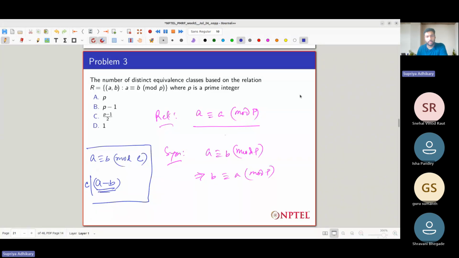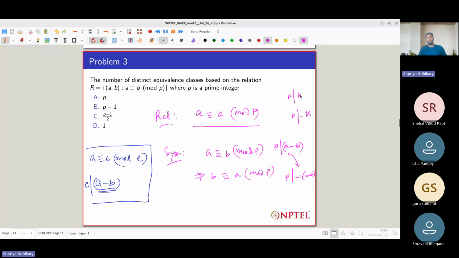And similarly, if we say that a is congruent to b mod p, that means that p divides a minus b. So that will also mean that p divides minus 1 times b minus a. From here we can write this. Now, if p divides an integer k, then p also divides the integer minus k.